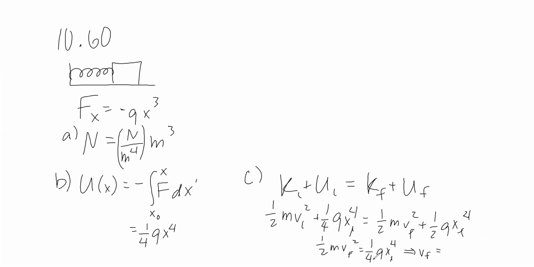Oh, the 2 is at the bottom. So it's q over 2m. The 2 is in the wrong spot: it's 2q over m, but then the radical closes and you have x initial squared. So I was off by a factor of 2 the first time. I apologize. So that is the expression for the launch speed of the toy gun.